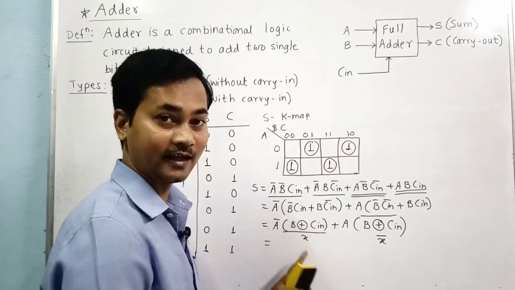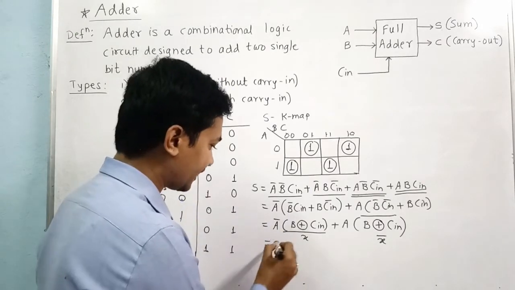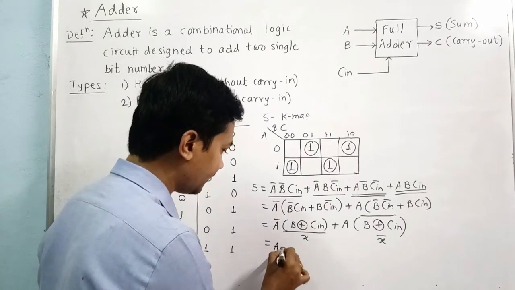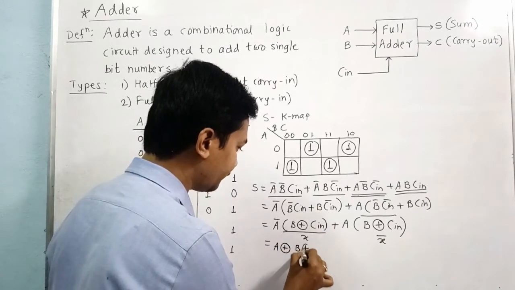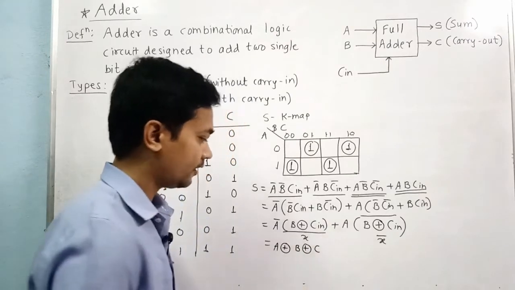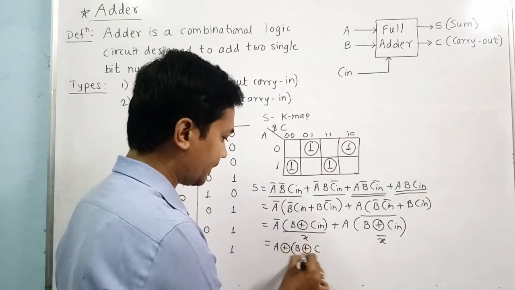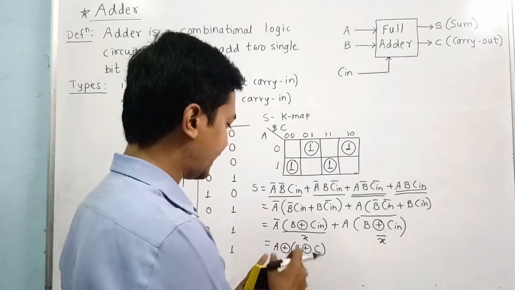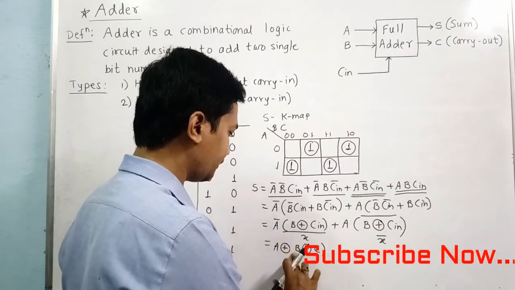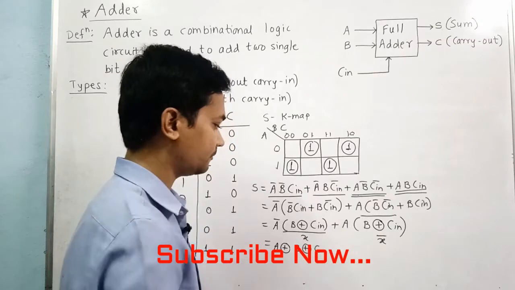So I can directly write a XORing with b XOR with c. You can take the bracket, no problem, or if you remove this bracket, also no problem. Directly it is a XORing b XORing with c.